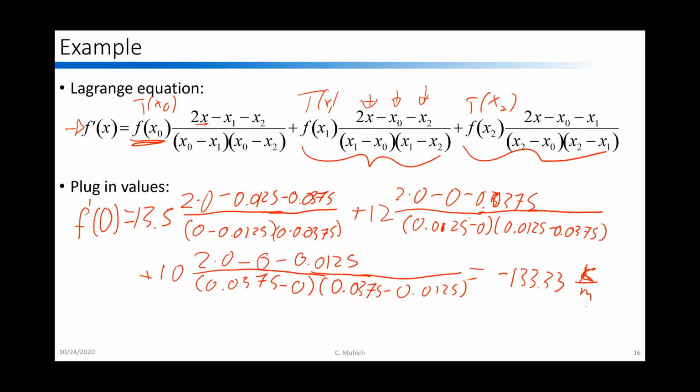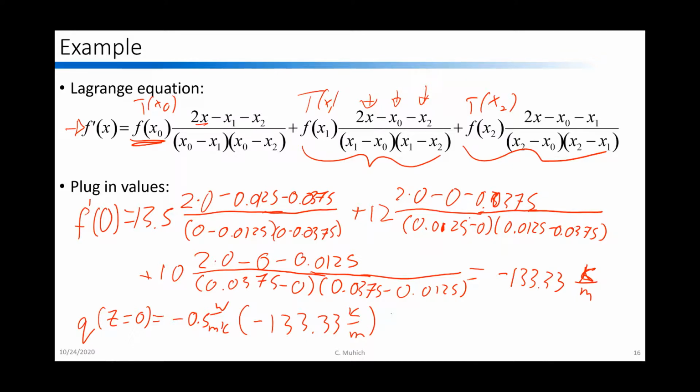Okay, so now we can go in and we can figure out what that Q is. So with our heat flux at Z equals 0, which is negative 0.5 watts per meter Kelvin. So that was just given as our heat transfer coefficient, minus my derivative, so 133.33 K per meter.